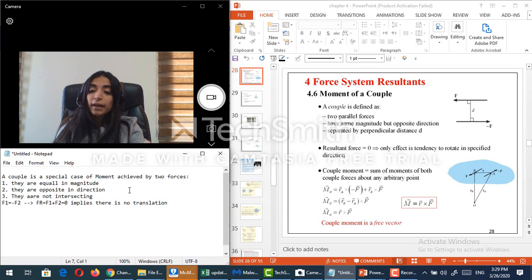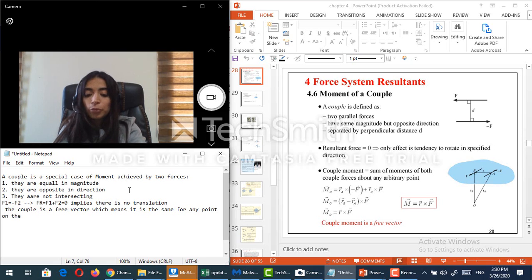So this is called a couple, and what you should know about the couple is that it is a free vector, which means it is the same for any point on the body, and we will prove this basically. So for any point on this body, if I apply these two forces, I will have the same couple for any point on this body.